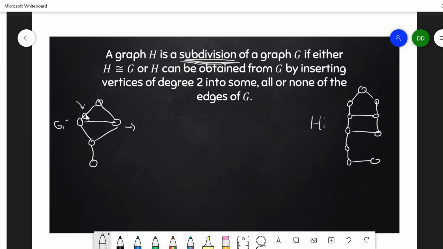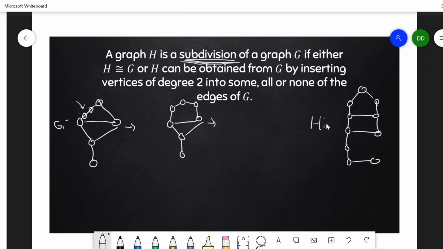I'm going to stick in a vertex here and a vertex here, each of degree 2. I still have this triangle here, and I still have this one little pendant edge.